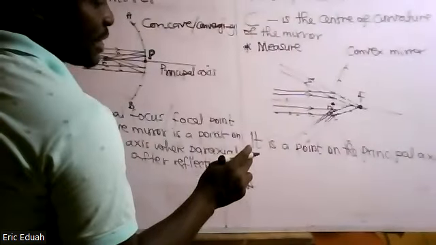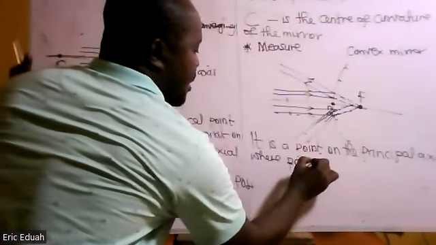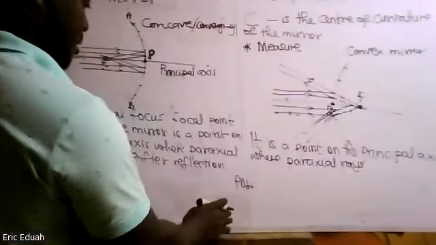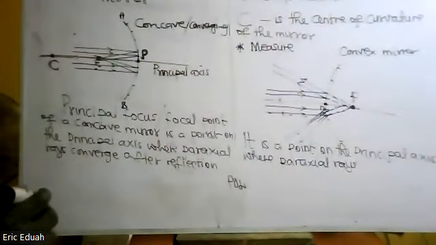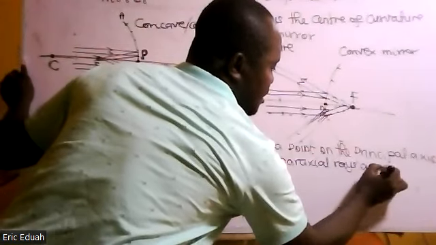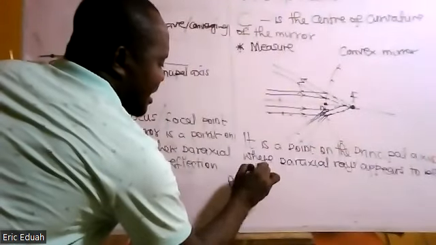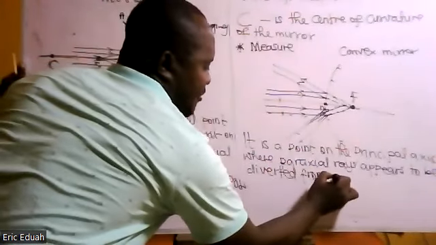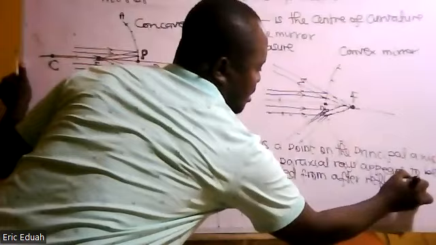So it is a point on the principal axis where paraxial rays appear to be diverted from after reflection.